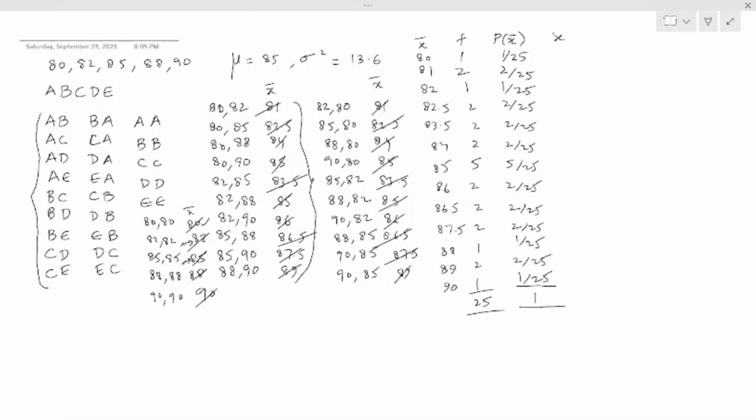Now what we need to do in the next step, as usual, is take the product of each value of x bar with its associated probability.